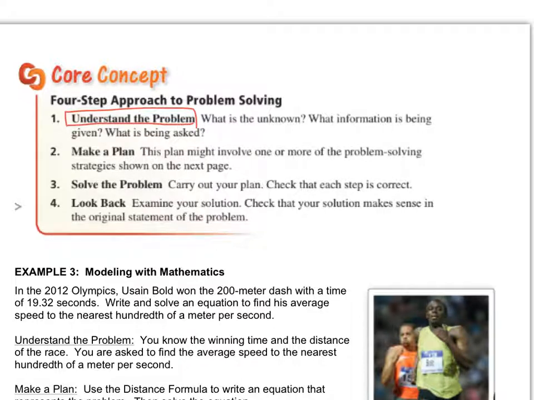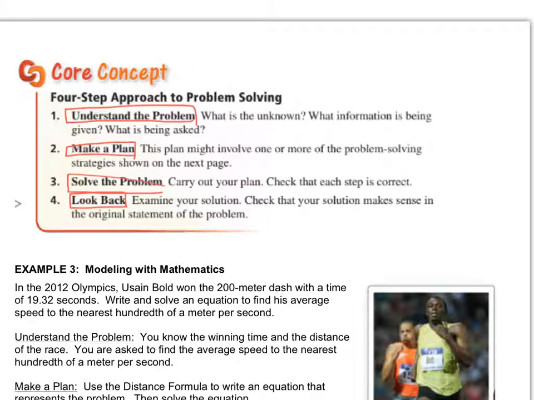Then you come up with a plan and you say, what equation am I going to write, or what sort of calculations am I going to do? So you come up with your plan of attack for the question. Then you obviously solve it. So you do whatever your plan is, and then you go back and you look at it and you say, does my answer make sense?